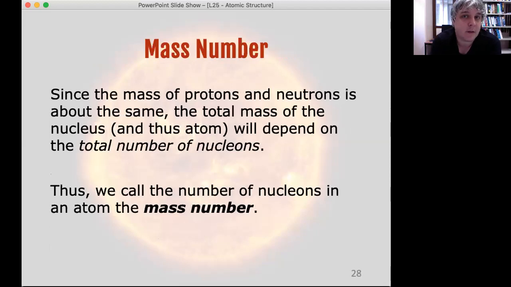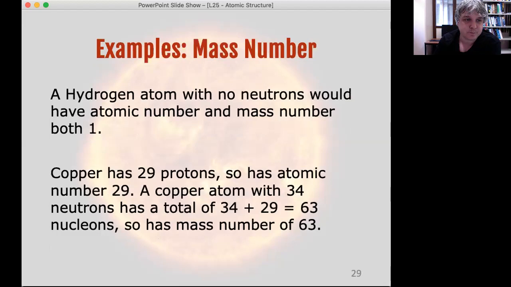So the atomic number, the number that determines what element the atom is, just depends on the protons, but the number of nucleons, so protons and neutrons all together, determines the mass of that nucleus. And that total number of nucleons is what we call the mass number. For that reason, it determines what the mass of the atomic nucleus is.